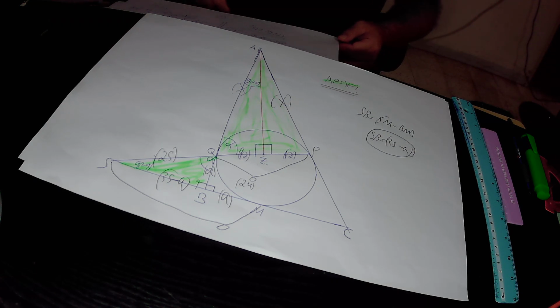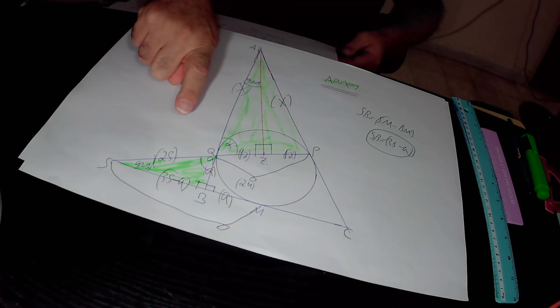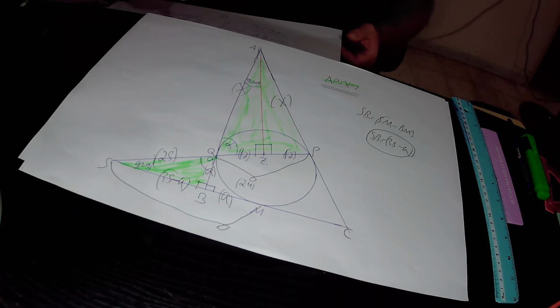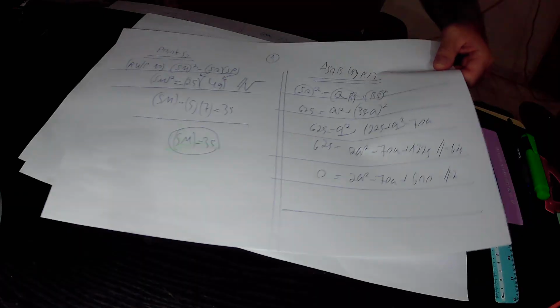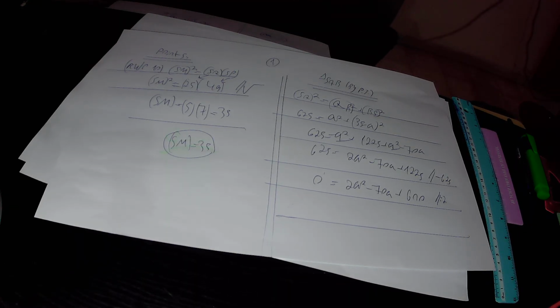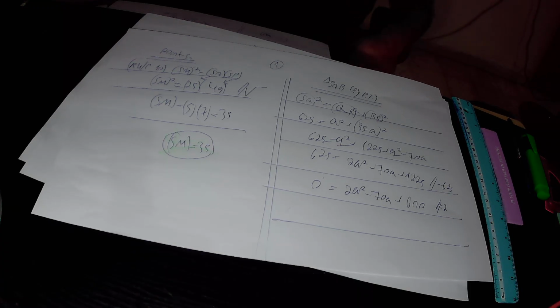According to the Pythagoras theorem, SQ squared, that is the square of the hypotenuse, equals QB squared plus BA squared.